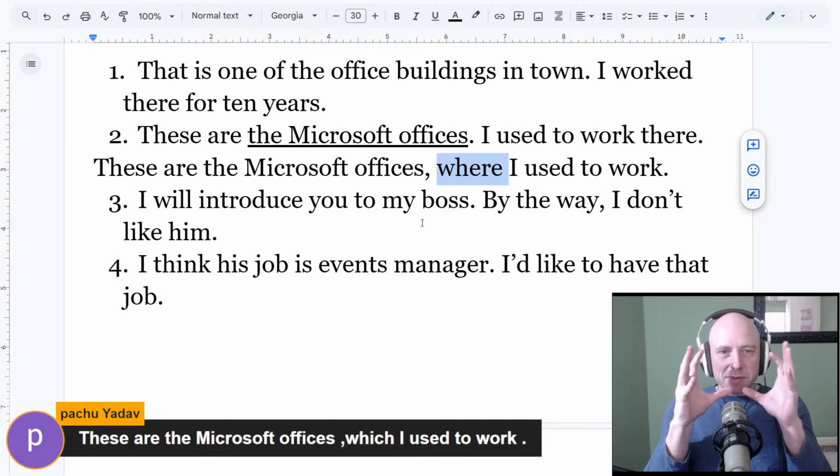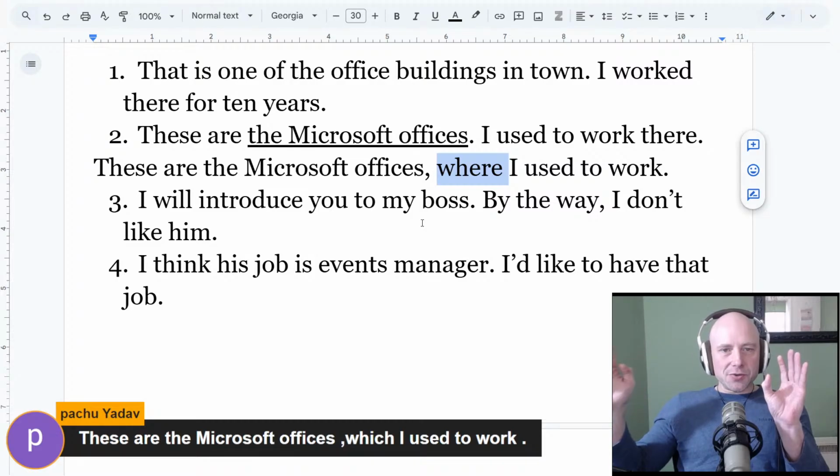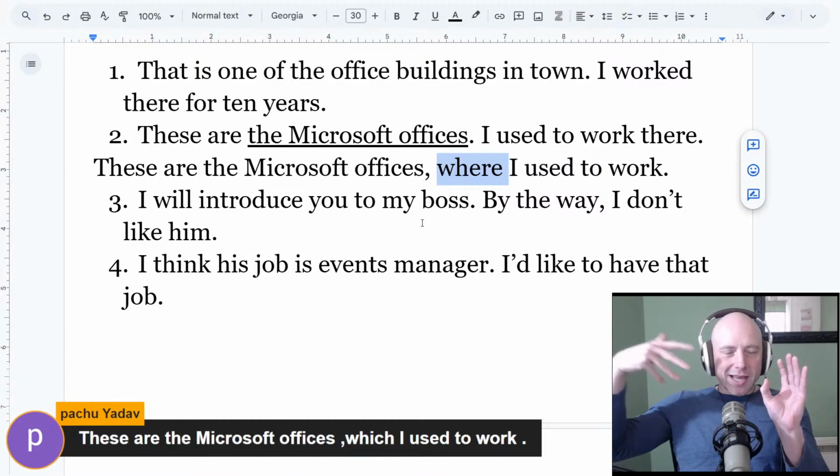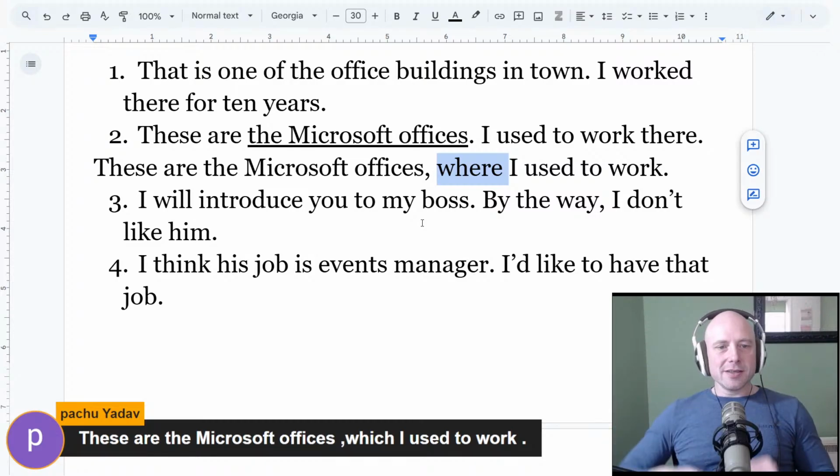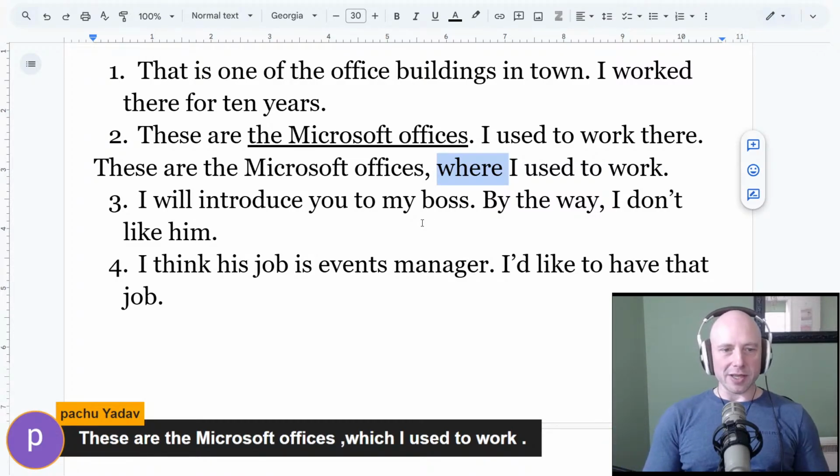Where is like a special kind of pronoun where the preposition's built in. But when we say which, we need to use the preposition in there as well to say work at or work in. So which I used to work at, or which I used to work in, or in which I used to work.